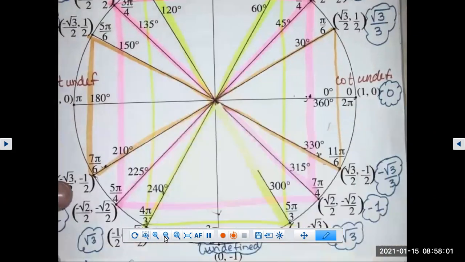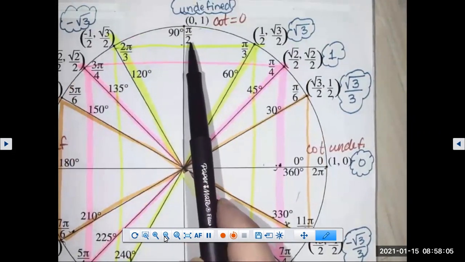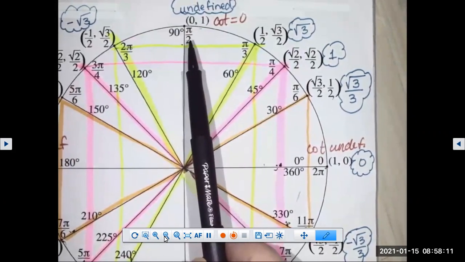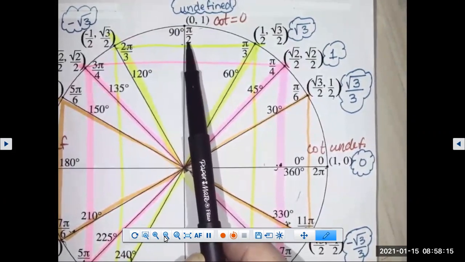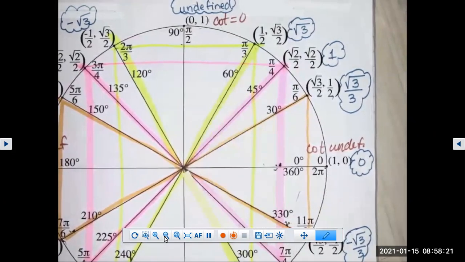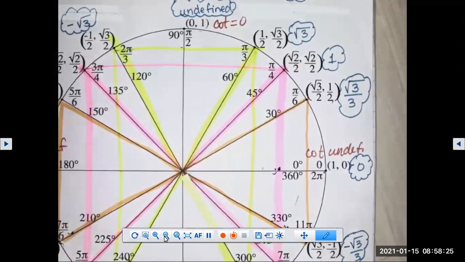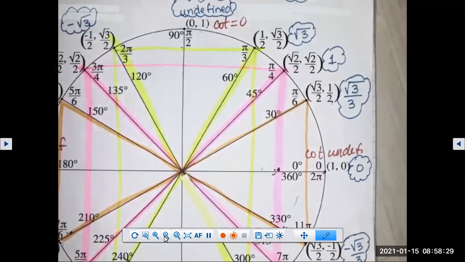So pi over 2 and negative 3 pi over 2 are the same angle. They're coterminal angles that we talked about in 4.1. What is your cotangent value there? If your tangent is undefined, then cotangent will be defined.